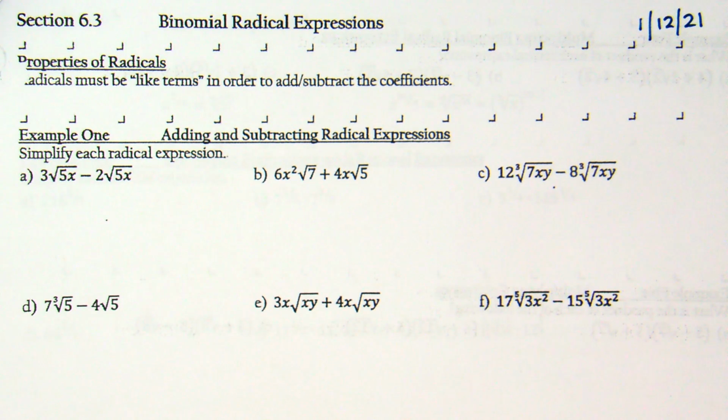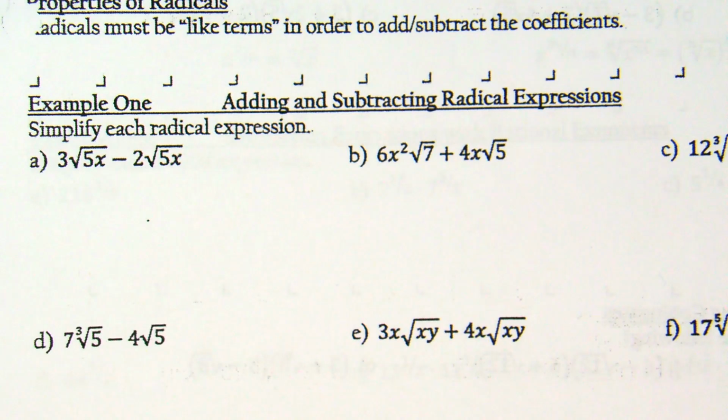Are these like radicals? Yes, they're both square root of 5x, aren't they? So what is it that we are subtracting? The coefficients of 3 minus 2. And what is 3 minus 2? 1. But she didn't say 1 square root of 5x.